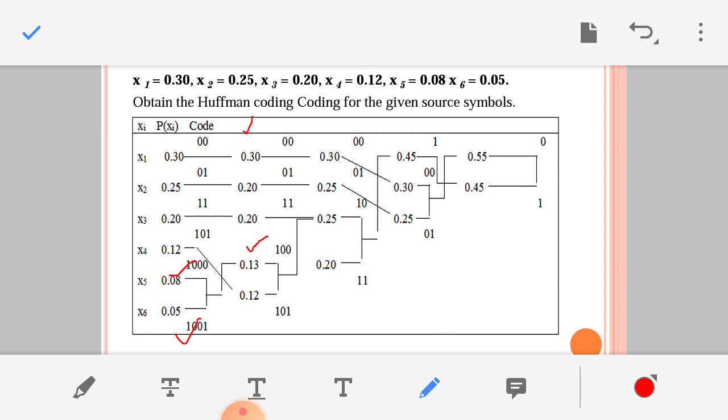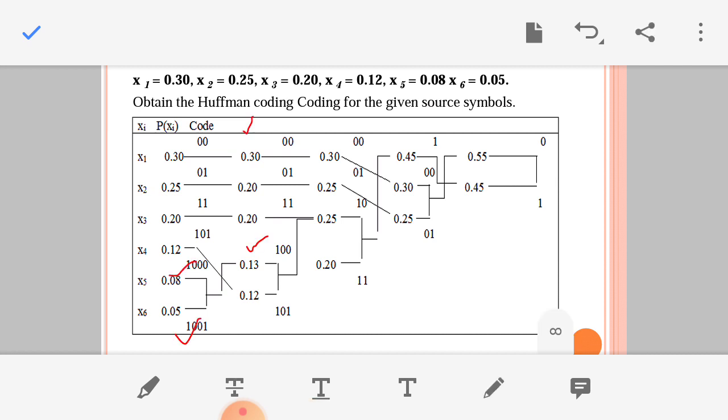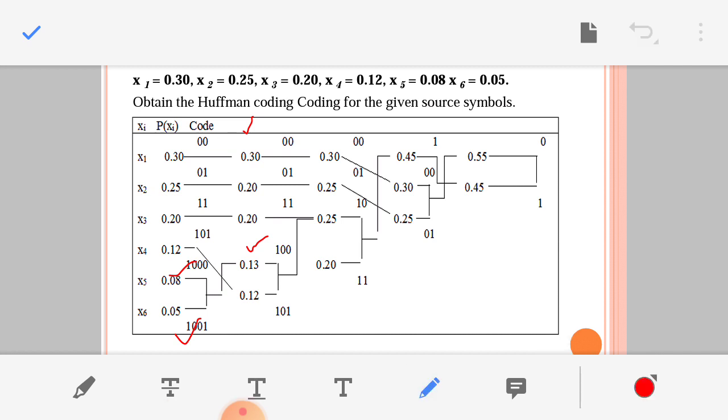Then we add 0.13 and 0.12. We get 0.25. Again reorder the above sequence. Then we add 0.25 and 0.20. We get 0.45.